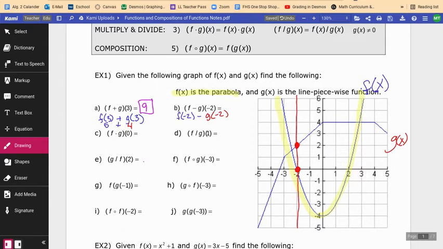Both of these points on the f of x function, the parabola, that value is at 0. So then this value is 0 minus, and then for g at negative 2, that value is an actual 2. So this is 0 minus 2, which gives me negative 2.